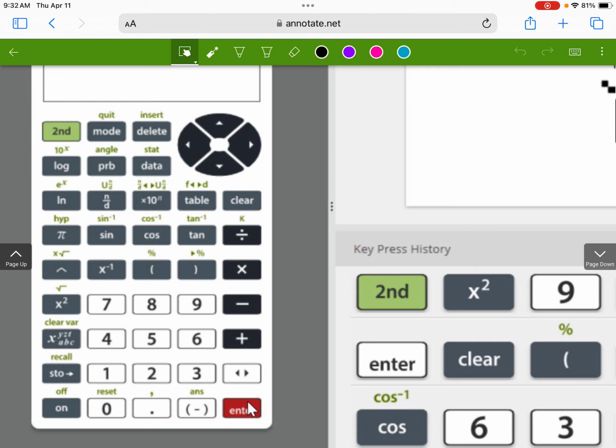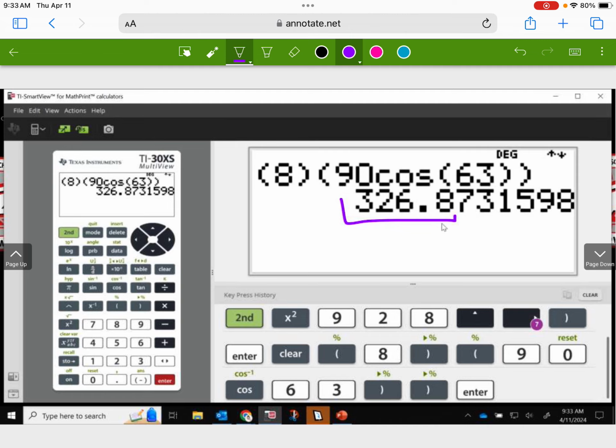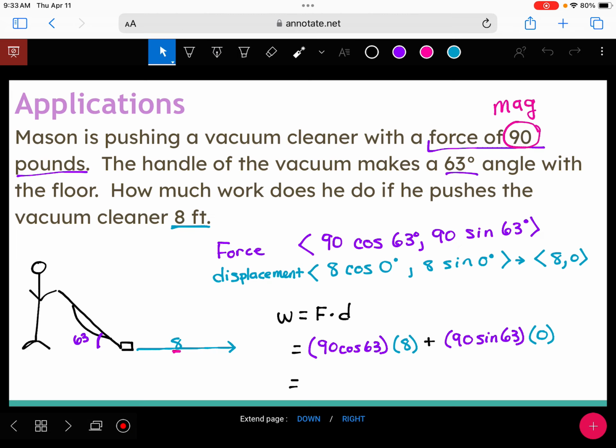So we should get, is that what you guys got? Not what I have in my notebook, but I don't know why it's not matching. Oh, because I did my math wrong on the other piece. There we go. Okay. Yeah, I typed everything in right. Cool. So that would be our answer. 326.9.